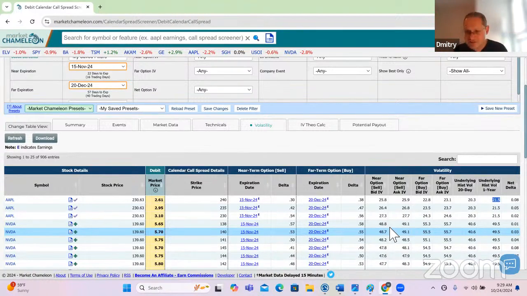You're going to see this a lot during earnings: the near term option implied volatility will be higher than the further term. It's not unusual. That's what happens when there's an expectation of extra volatility in the short term. So that alone is not enough criteria.